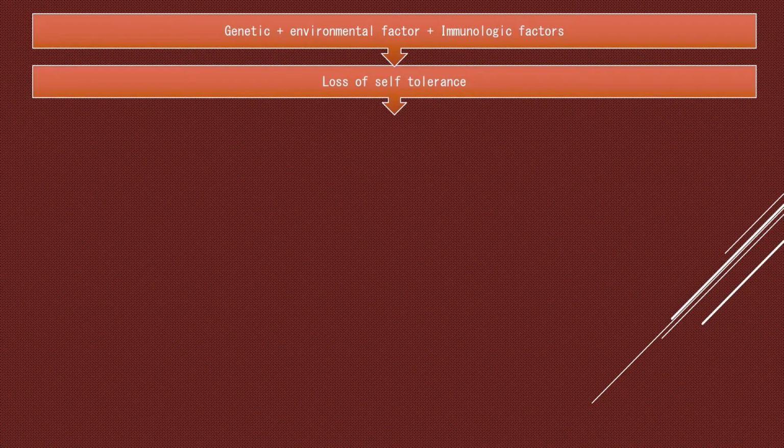So the loss of self-tolerance because of these immunologic, environmental, and genetic factors leads to the loss of self-tolerance. We know what is self-tolerance.